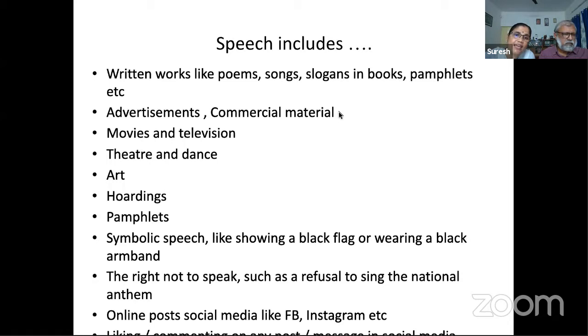And it was in this case that they also explained that the education department in Kerala did not have the right to issue such a circular because there was no statute authorizing them or giving them the power to issue such a circular. So as I said in the very first explanation, there has to be a statute which prescribes a restriction to the freedom of speech and expression.